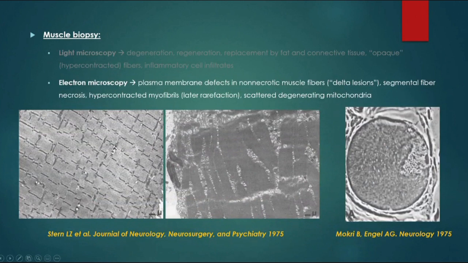The first one is the electron microscopy of a normal muscle, whereas we can see the highly electron-dense structures in the dystrophic muscles. The non-necrotic fibers can also demonstrate something called delta lesions, which are seen only on electron microscopy. And that is not characteristic or pathognomonic of Duchenne, but can be seen in many of the muscular dystrophies.